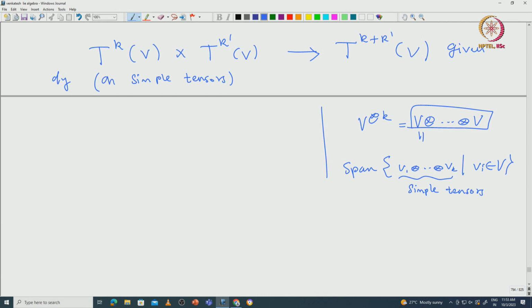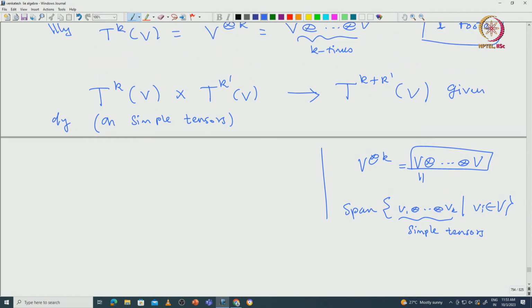One can also restrict to the basis of V and take simple tensors among them, which is enough to span the tensor product. I leave it to you to think about it.